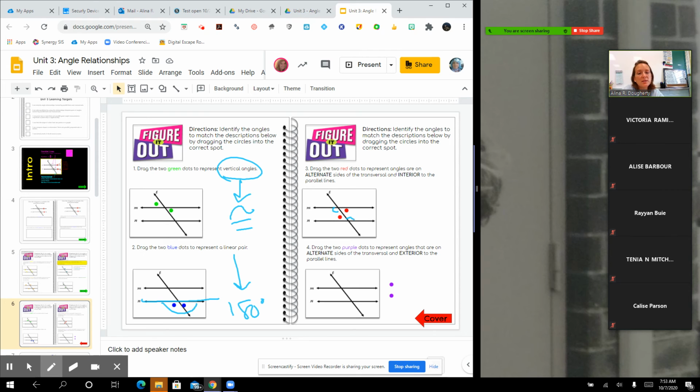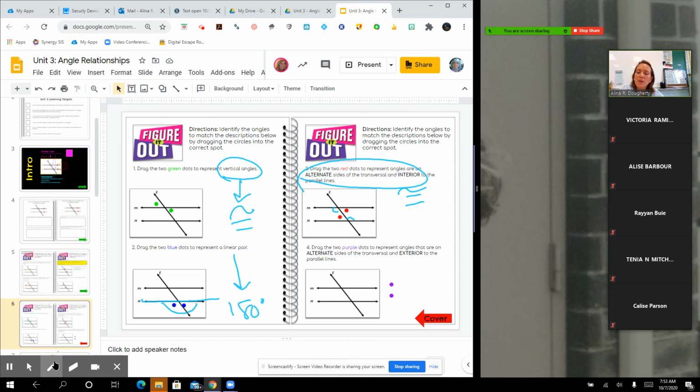So there's two choices there. These are also going to be congruent. So vertical angles are congruent and alternate interior angles are congruent. You're going to have two acute angles or two obtuse angles if you have one on the right, one on the left, and they're inside the parallel lines in two separate intersections.